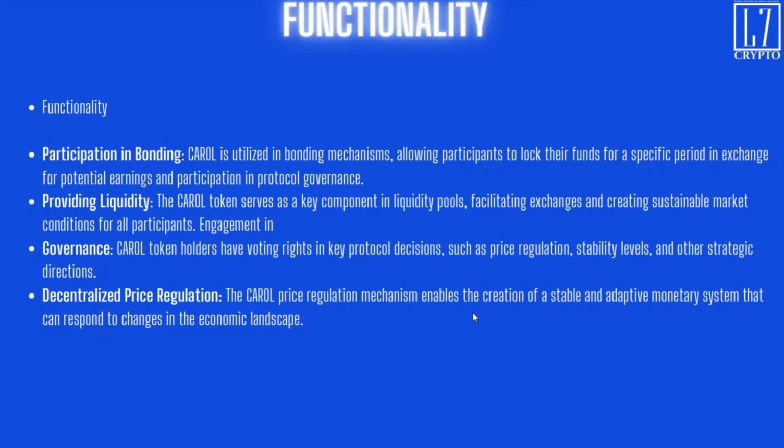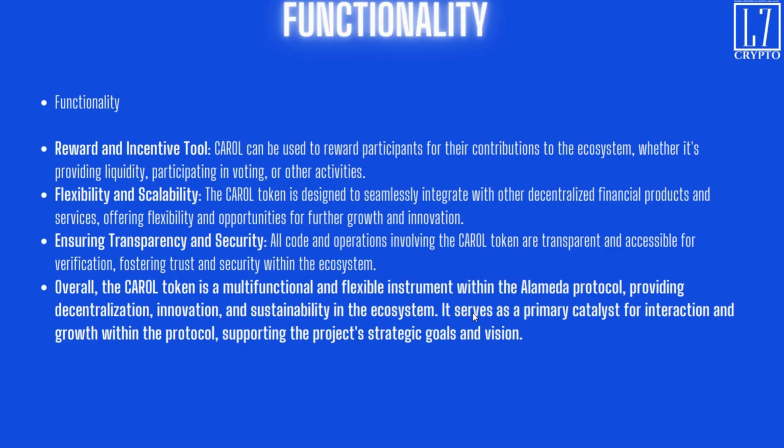Then the decentralized price regulation. The Carol price regulation mechanism enables the creation of a stable and adaptive monetary system that can respond to changes in the economic landscape. I'm not going to go through all of these. Pause for the cause. This one covers the reward and incentive tools, flexibility and scalability, ensuring transparency and security.